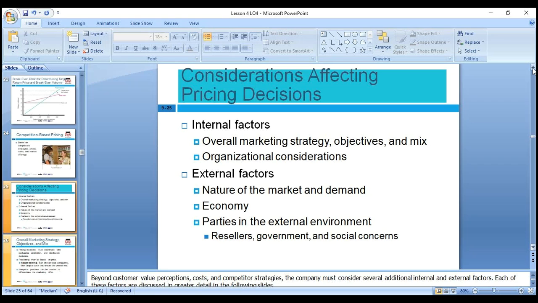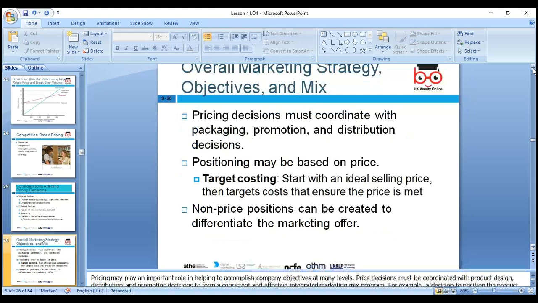All these factors we need to look at. Internal factors: overall marketing strategies, objectives, mix and organizational considerations. External factors: demand, supply, elasticity, government intervention. Pricing must be coordinated with packaging, promotion, distribution, positioning and target costing. All this we need to focus on.